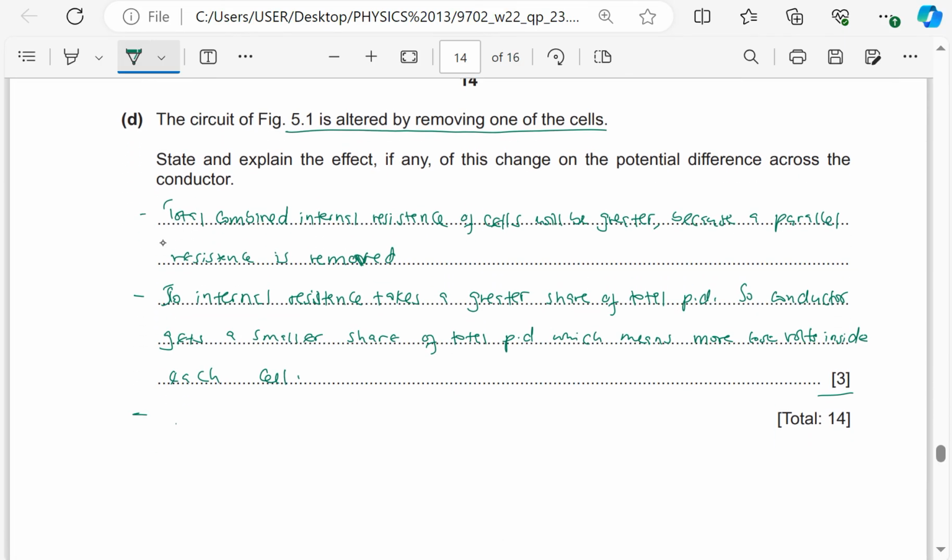And if there are more lost volts inside each cell, it means the PD across the conductor decreases. So the PD across the conductor decreases.